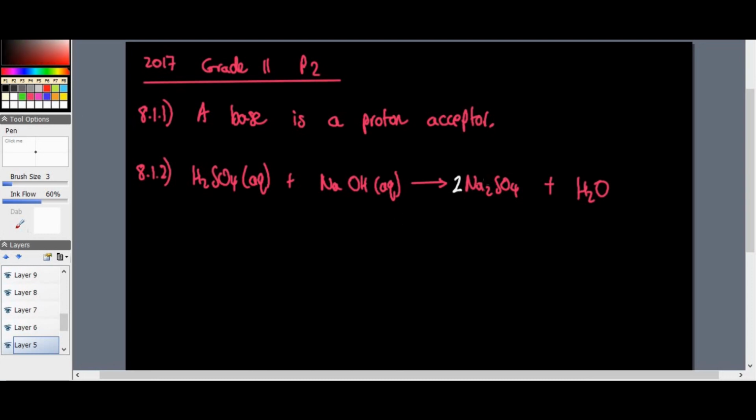There's a 2 here to balance the sodiums. Then we have 4 hydrogens on the left, and here we already have 2, so we put a 2 in front of the water, and there we go. Our equation is balanced. We just write aqueous solution for the sodium sulfate, and liquid for the water.